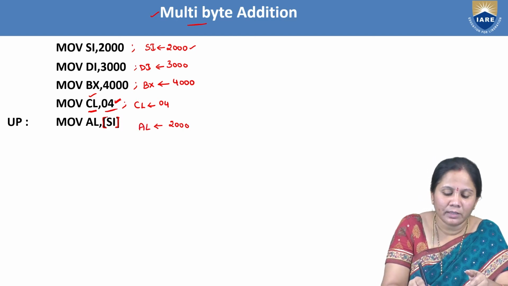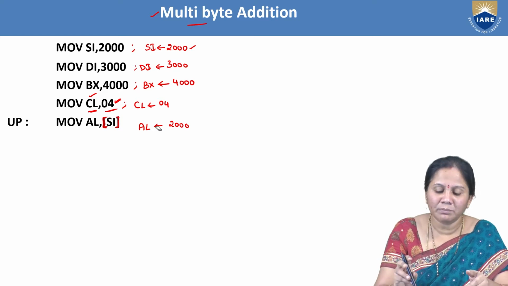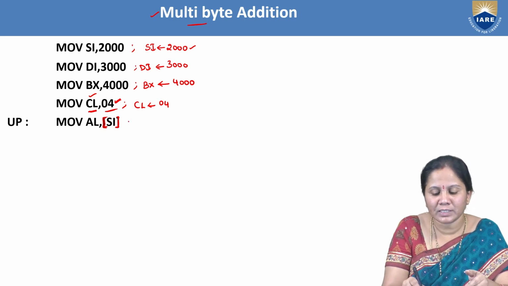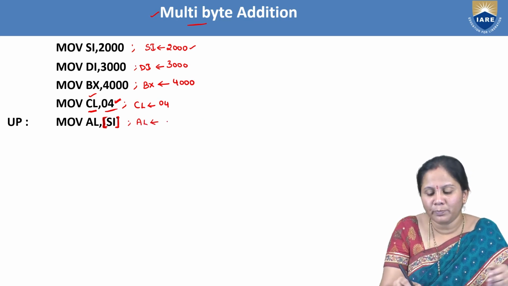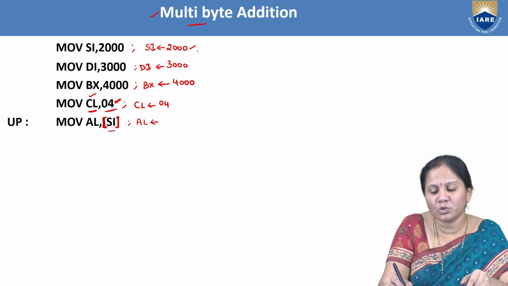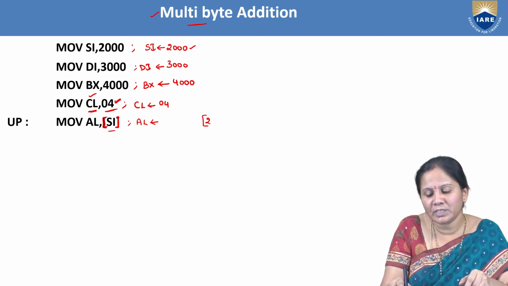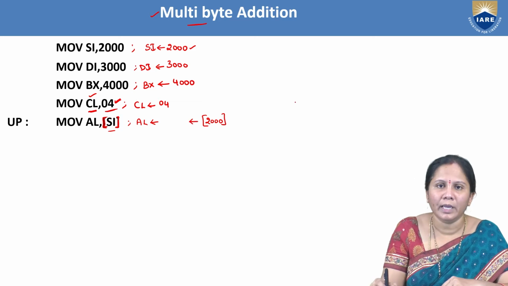But here there are brackets. So what it means here is the content of SI will be loaded into AL. Here the value of SI is 2000. The content present in this 2000 location will be moved into AL.